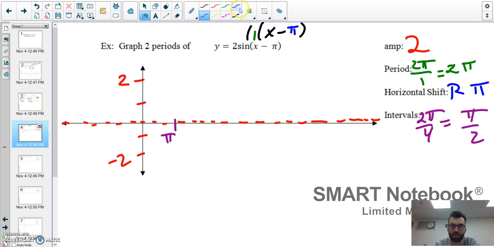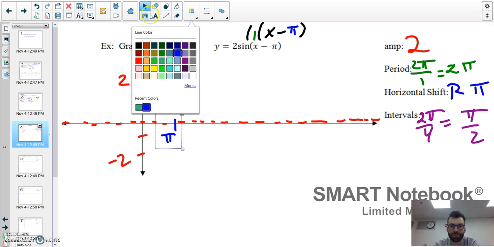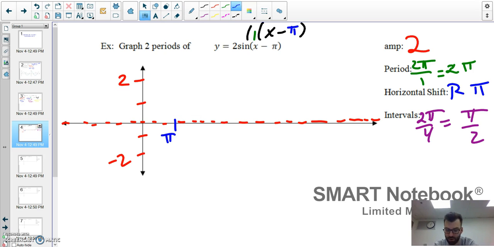If I add pi over 2 to pi, I'll get 3 pi over 2. Notice how if this whole thing is pi, then this distance would be half of that. So that would be 2 pi. Then this would be 5 pi over 2.